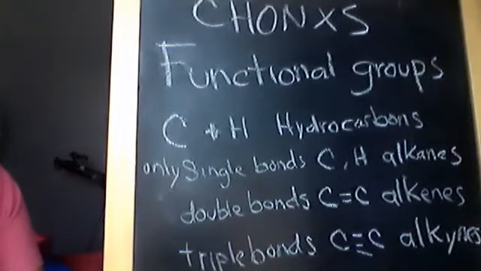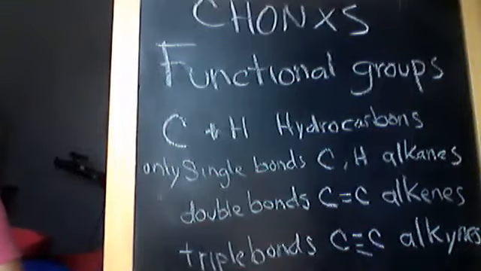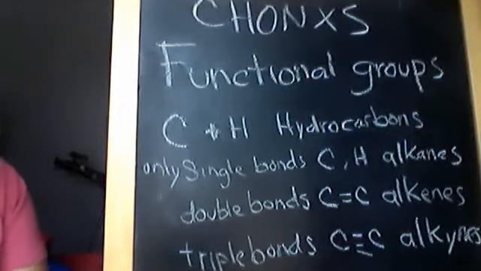We're going to start with hydrocarbons. Hydrocarbons are only made out of carbon and hydrogen. The name is telling you, hydrocarbon, okay? We're going to have three main types of hydrocarbons. The ones that only have single bonds between carbon, carbon, carbon, hydrogen, this family or functional group is called alkanes. When you find double bonds between carbon atoms, the family is going to be called alkenes.